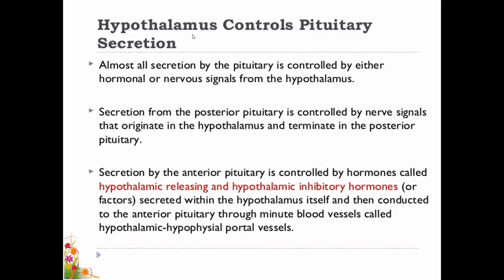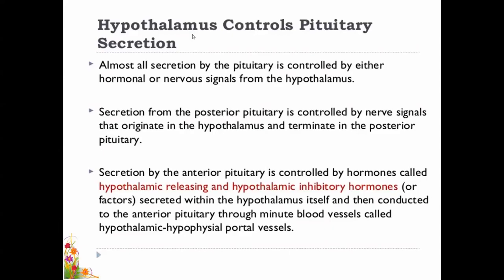We already studied that two hormones, ADH as well as oxytocin, are secreted from the posterior pituitary gland and produced by the hypothalamus. Here, the secretion of these posterior pituitary hormones is controlled by nervous signals originating from the hypothalamus. These points you can simply study, don't complicate it.